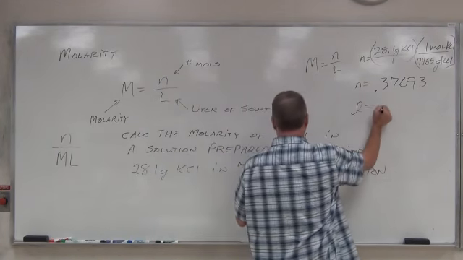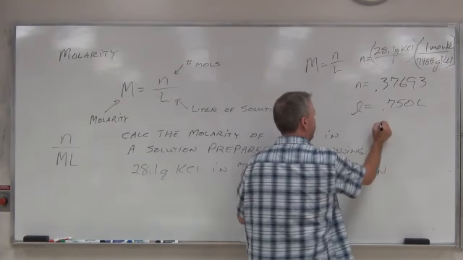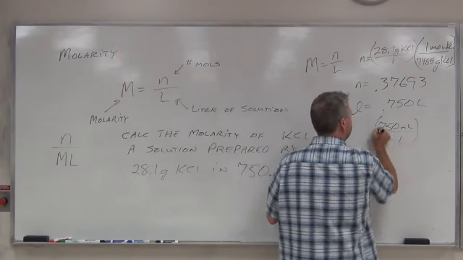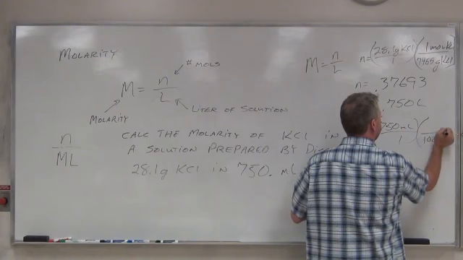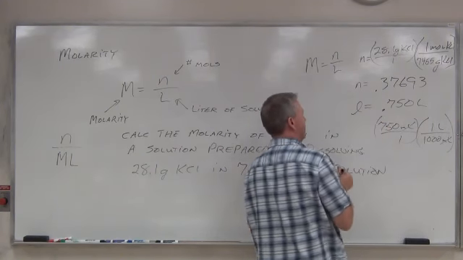My liters is 0.750 liters. How did I get that? I have 750 mils. And my conversion is 1,000 mils in 1 liter. That's where I get my 0.750.